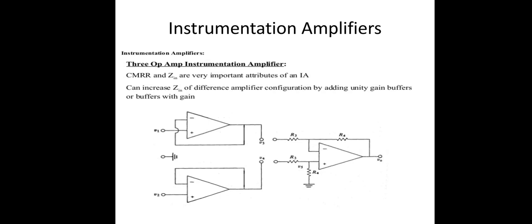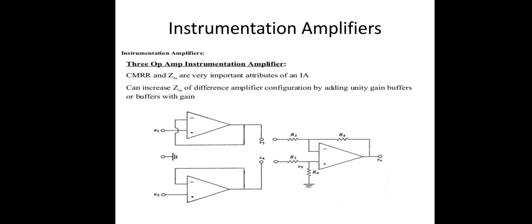These op-amps are the basic building blocks of the instrumentation amplifier. It is a fixed configuration with the major characteristics of a high common mode rejection ratio, that is the CMRR, common mode rejection ratio, and high input impedance.